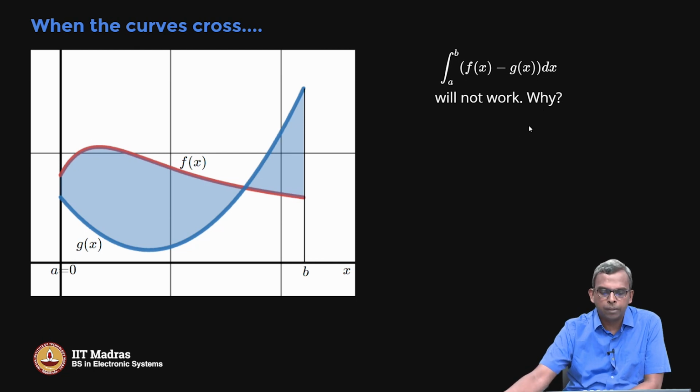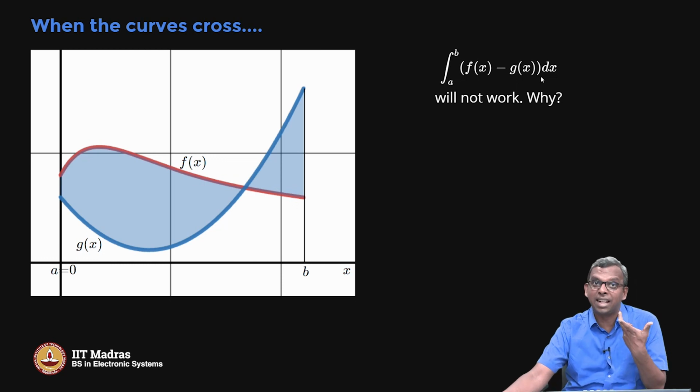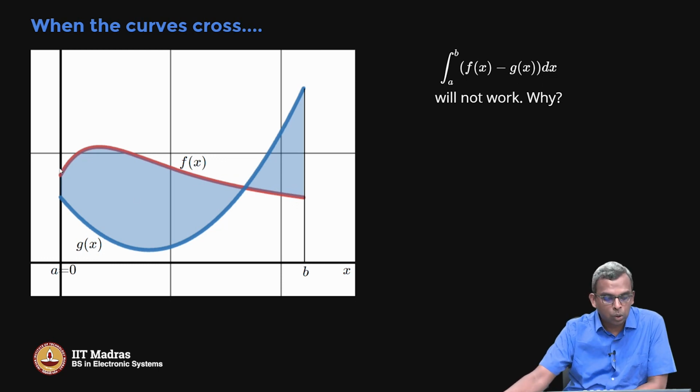Why will it not work? Think about this. If you do this integration, remember this integration is signed area, right, it is not actual area. So, for this part it will find this area from here to this point, and then for this part it will find negative of this area. So, instead of giving this area plus this area, you will get this area minus this area. Okay, I hope you can see that.